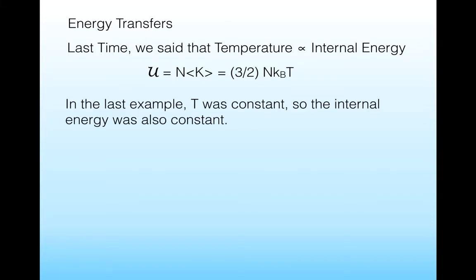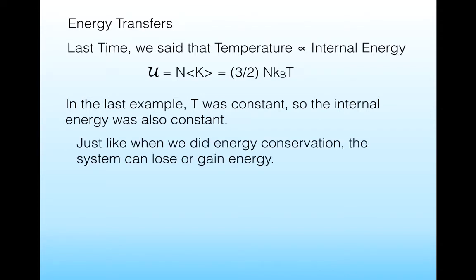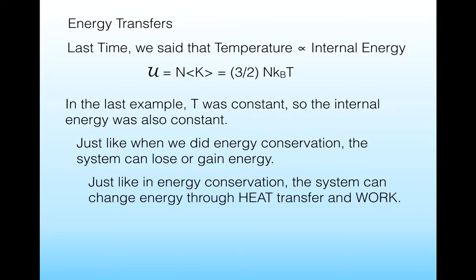In the last example, we saw that T was constant. In that case, the internal energy was also constant throughout the whole process. Just like we did in energy conservation, we know that the system can gain or lose energy. And just like we saw in energy conservation, the system can change energy through gaining or losing heat, or heat transfer, and doing or having work done on it.